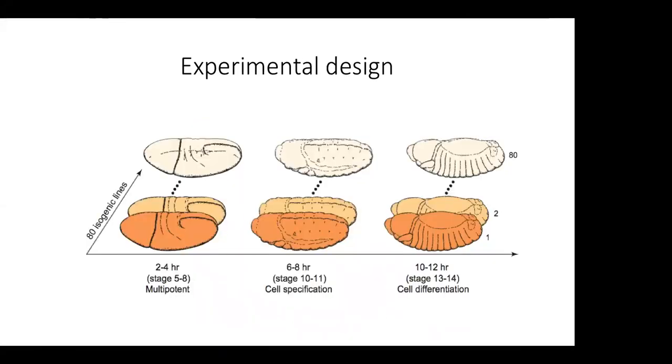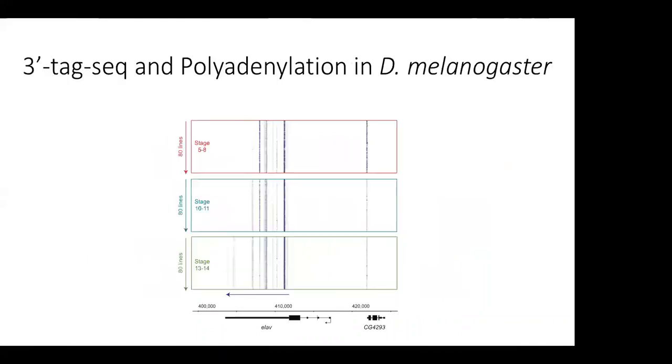In order to do this, we extracted RNA from these lines, and instead of doing CAGE as Nacho did, we did 3' Tag-Seq, meaning that we sequence only the most 3' region of the mRNA. Here is a representation of our data.